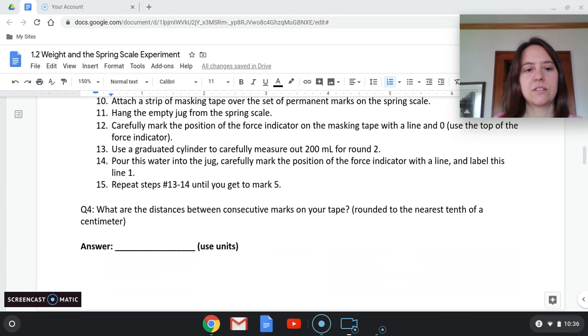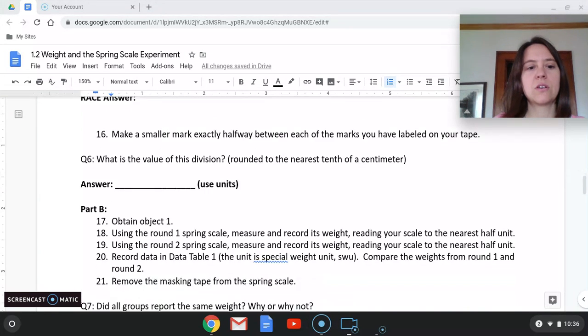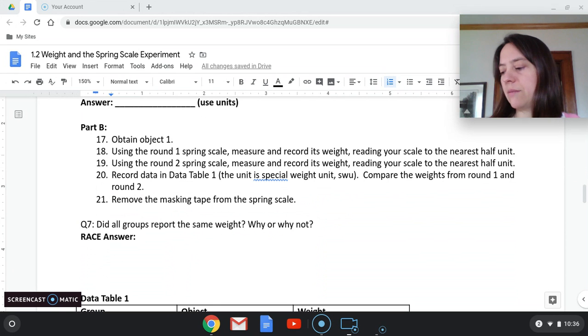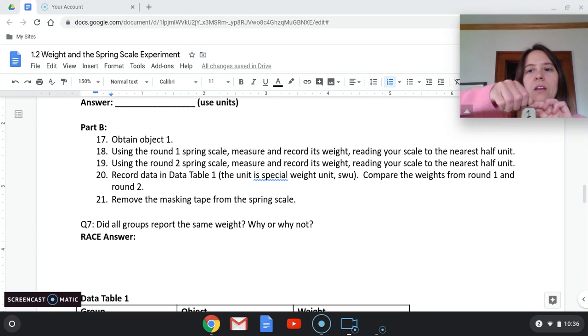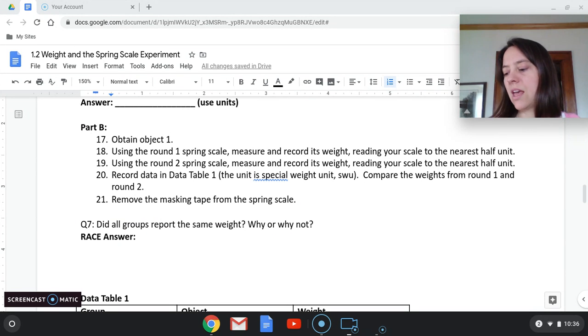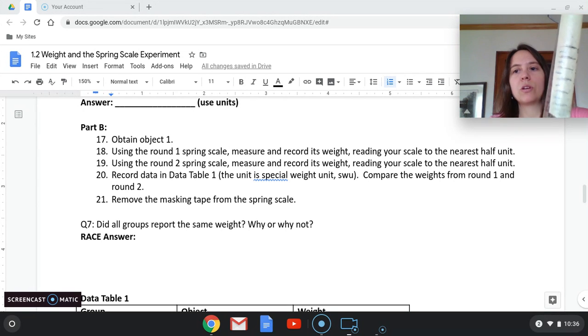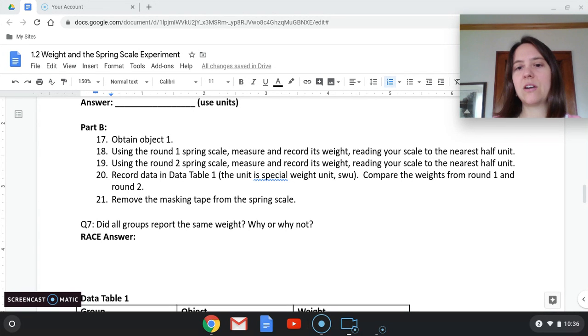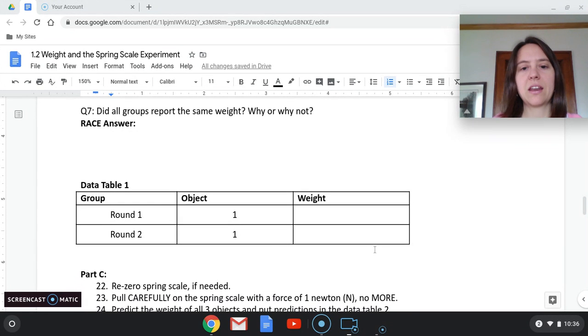And then we obtained object 1, and we measured its weight with the round 1 spring scale, and we measured its weight with the round 2 spring scale. On round 1 it had a weight of 3 special weight units, and we put that in our data table.